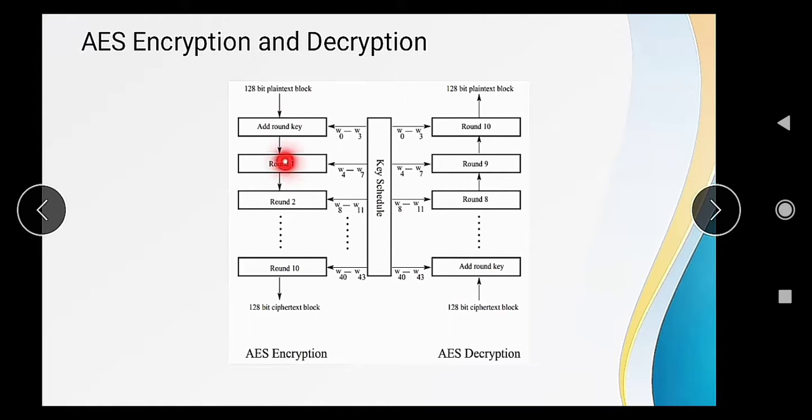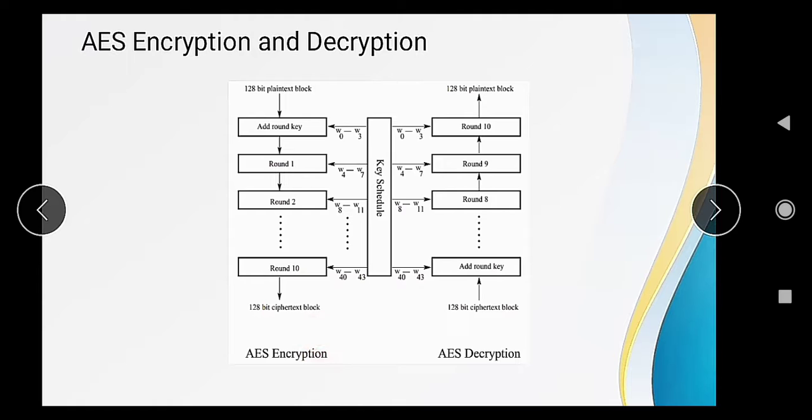After that we pass the output to the first round as input. Then the output of the first round will be used as input to the second round, and so on. So total 10 rounds are there, and after that we'll get the 128 bit ciphertext.